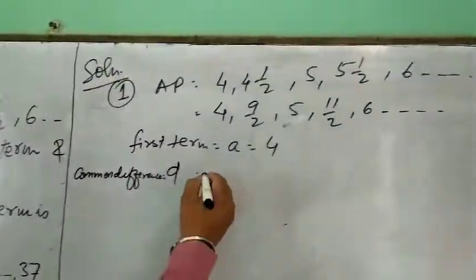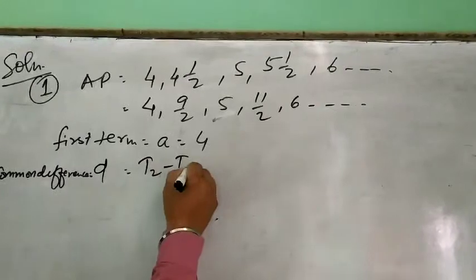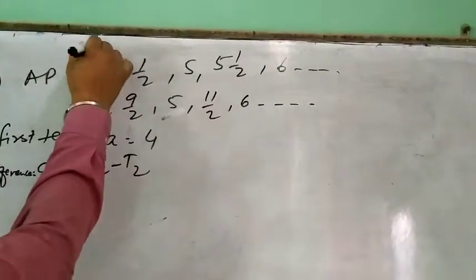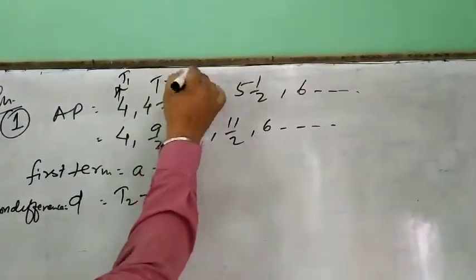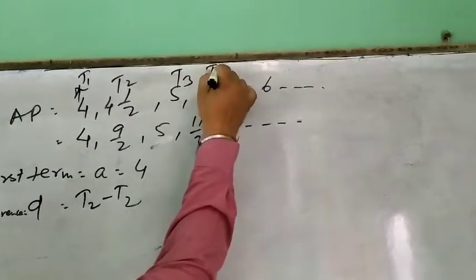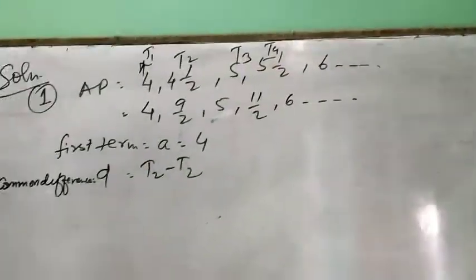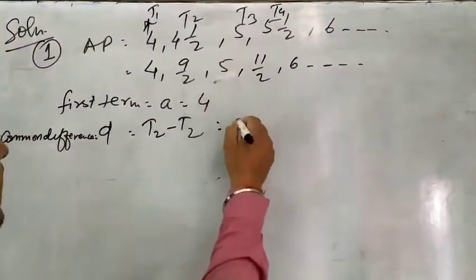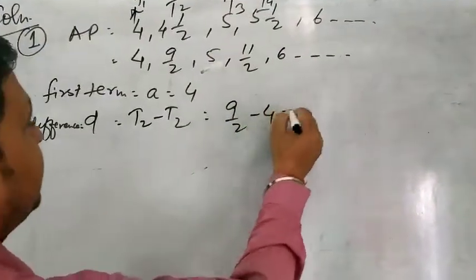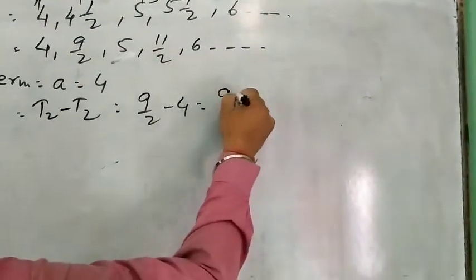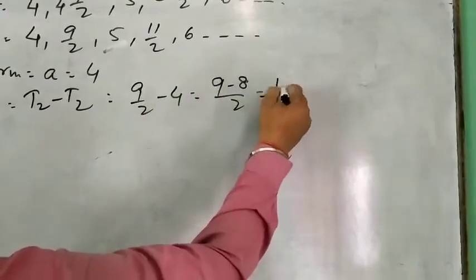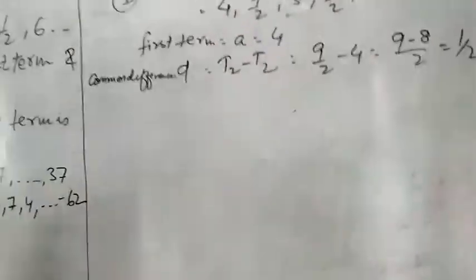Here that is T1, that is T2, that is T3, and that is T4 and so on. So your result is 9 by 2 minus 4, that means 9 minus 8 by 2, that means 1 by 2. That's your common difference.